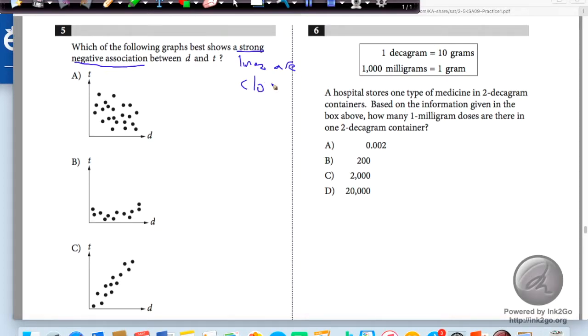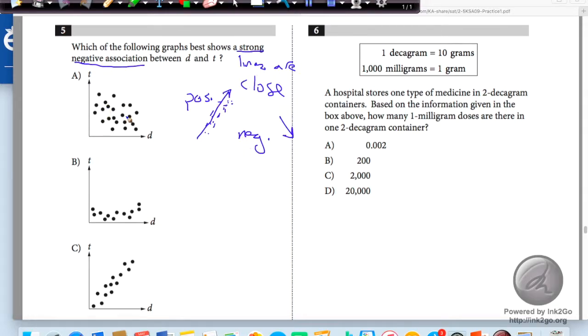Strong would look like a number of the dots being fairly accurate or close to the same approximation, which signifies a stronger R value if you were to correlate the slope. The negative association refers to the fact that this is going to be going down. If you have a negative association, it goes down, versus a positive one, which increases. But the values do have to be close together.